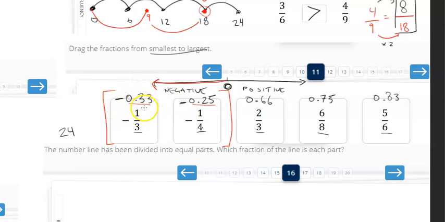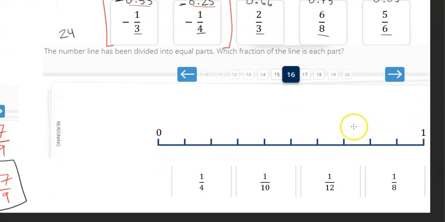So for instance, I would rather have less of a certain chocolate bar, 0.25 as opposed to 0.33, because this is saying there's more of that negative, which is less. So be careful of this. The greater the negative number is, the further back it goes, assuming that you're arranging it from smallest to largest.